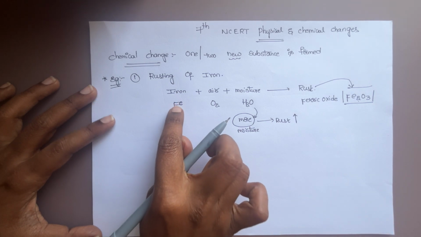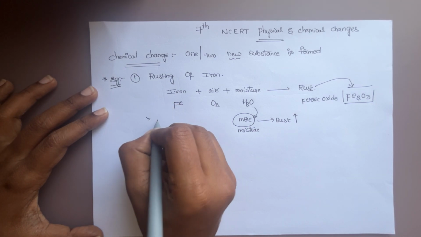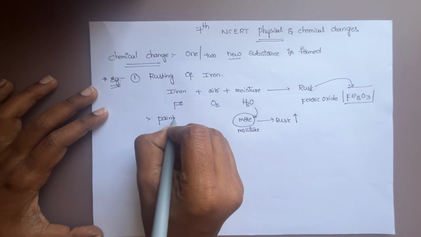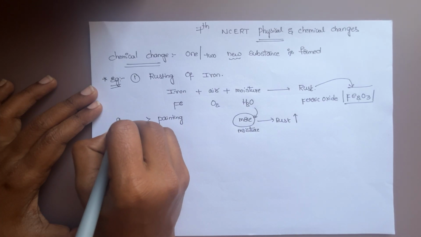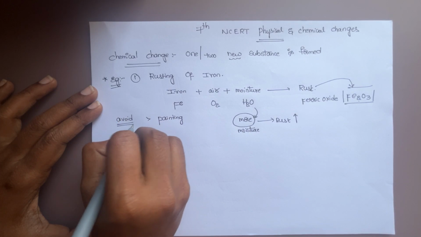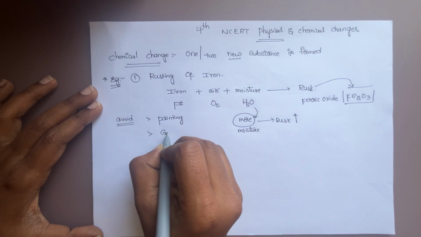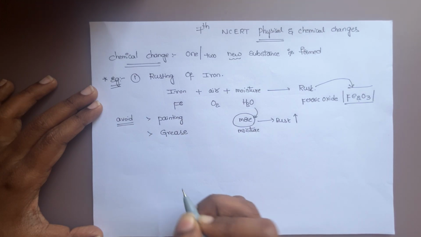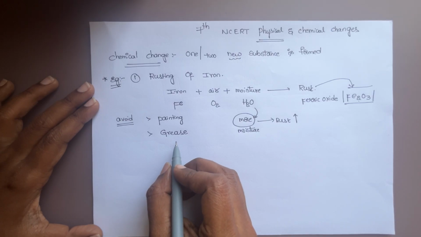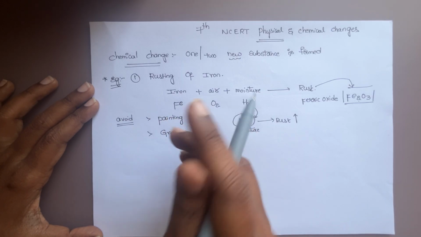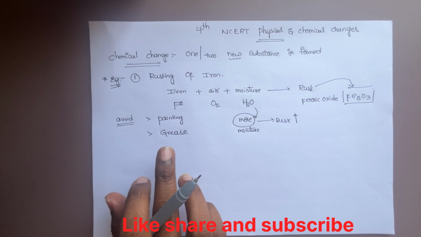So how to avoid rusting of iron? By painting, we can avoid rusting. And by applying grease, we can also avoid corrosion. These are only avoiding methods.